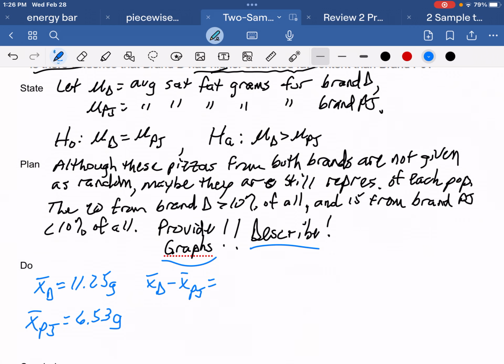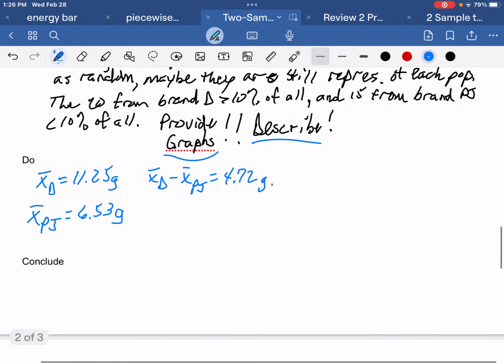Okay, so that's a difference of 4.72 grams. So we want to know, as we were expecting the difference to be 0, we got the difference to be 4.72.